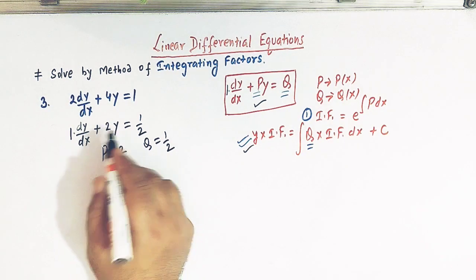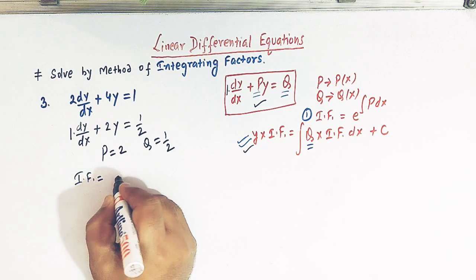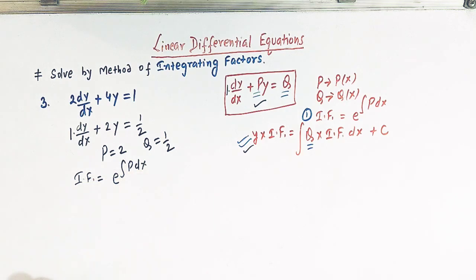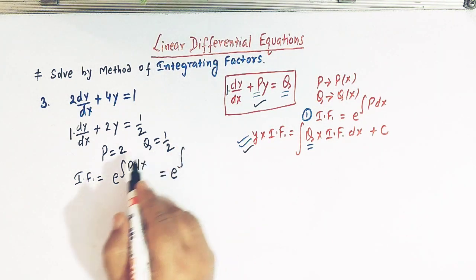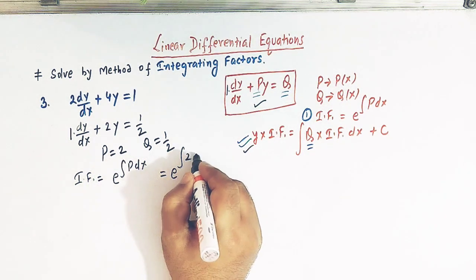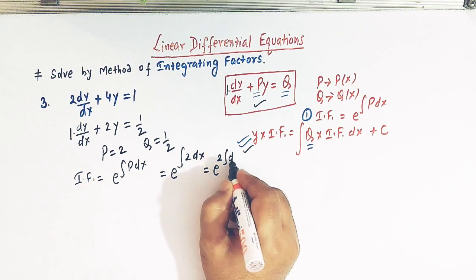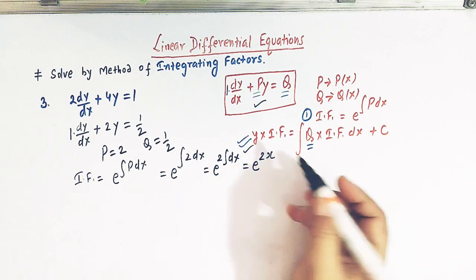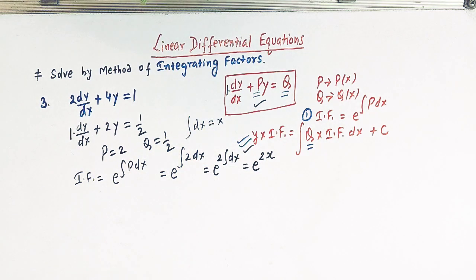So now the integrating factor is given by e raised to integral p dx, where p is 2, so we have integral 2 dx. So this is e raised to 2 times integral dx, so this is 2x, because the integral of dx is equal to x, right?